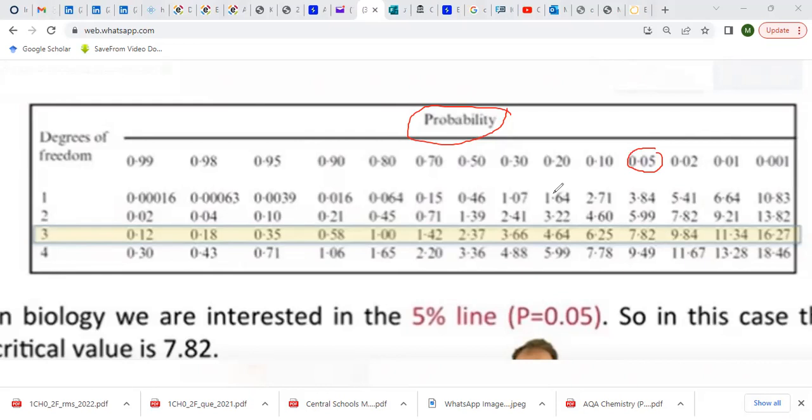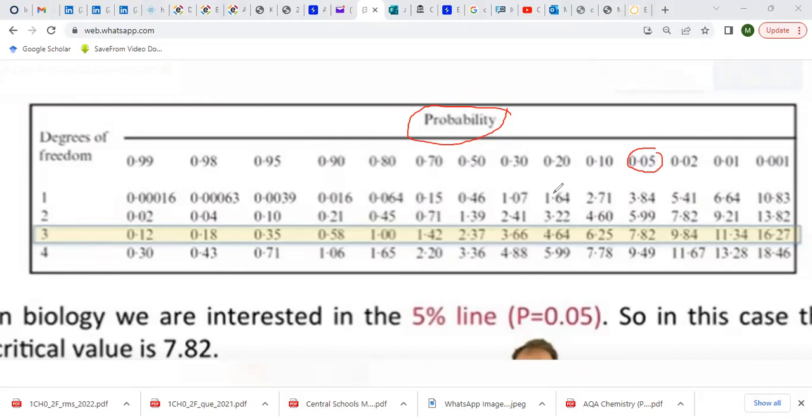If the difference between the data of expected and observed does not exceed 5% probability, the difference is not more than 5%, less than 5% or up to 5%, the null hypothesis will be accepted. Why? Because that difference is not significant.